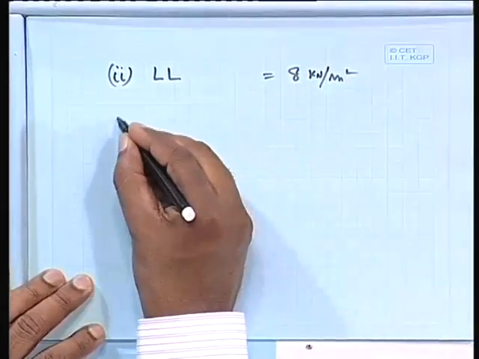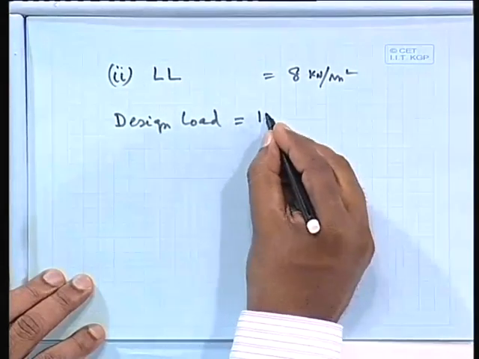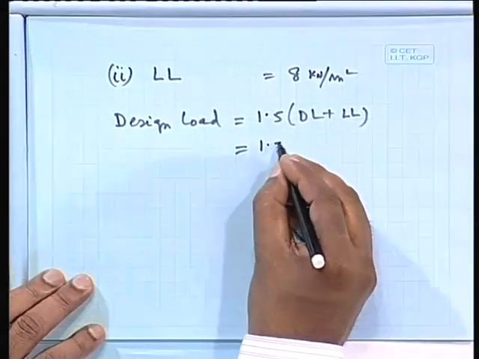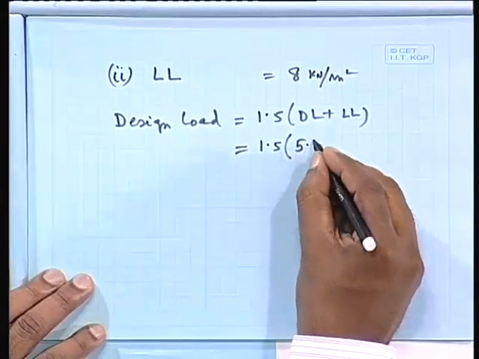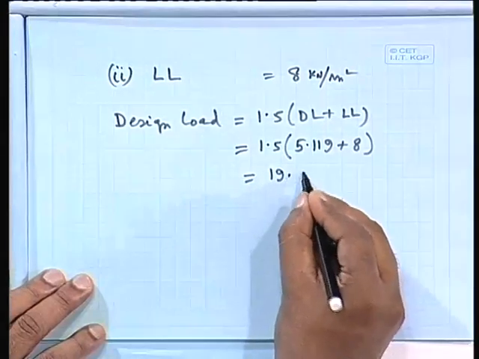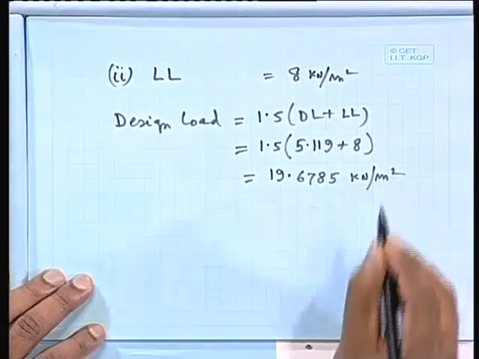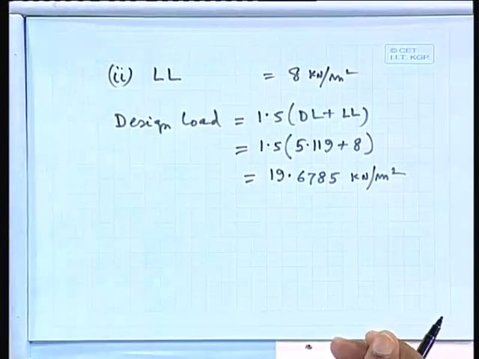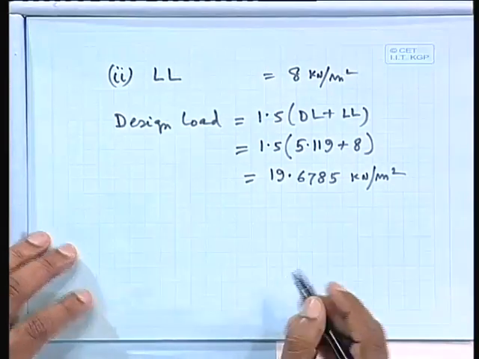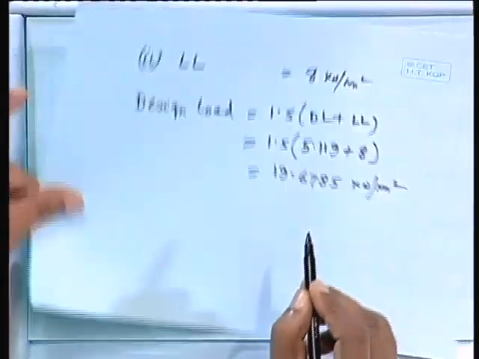Therefore, the design load, or factored load, equal to 1.5 times dead load plus live load equals 1.5 times 5.119 plus 8 equals 19.6785 kilonewton per square meter. Okay. Now for this load we have to find out the moment.